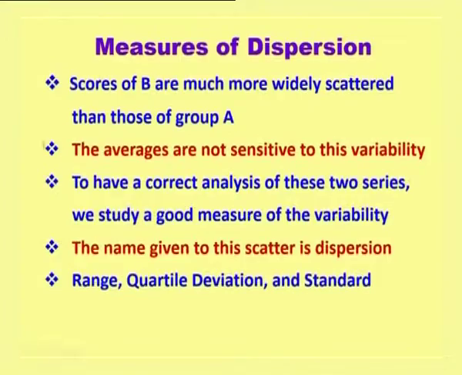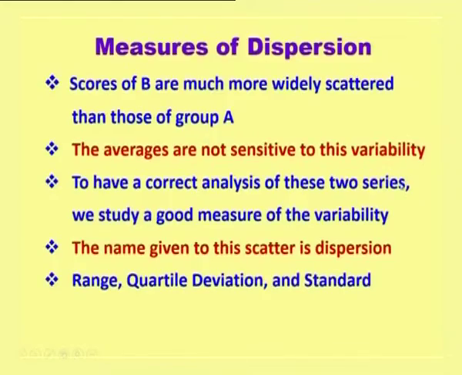So the scores of B are much more widely scattered than those of group A, and the averages are not sensitive, as we have already seen. The average, the mean and all these are not that sensitive to the variability. To have a correct analysis of these 2 series, we study a good measure of the variability, and the name given to this scatter is dispersion.